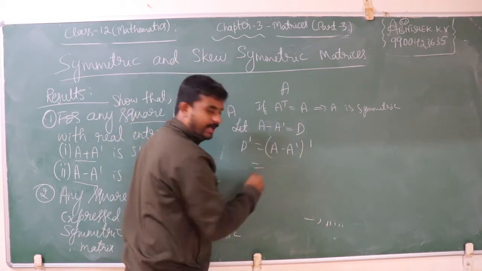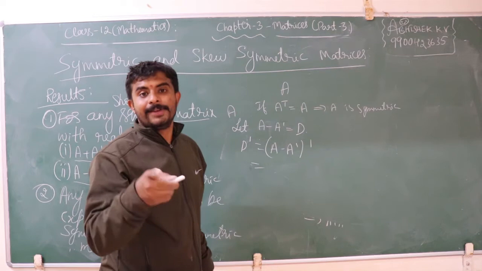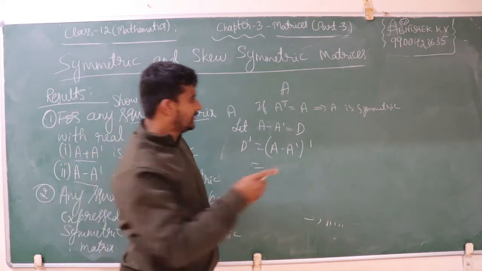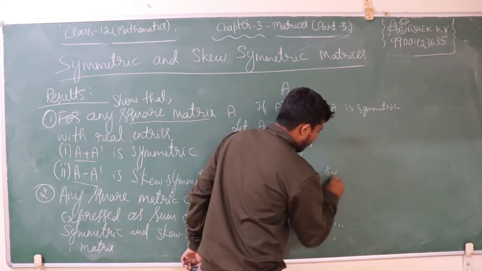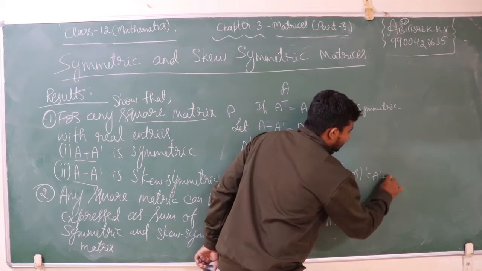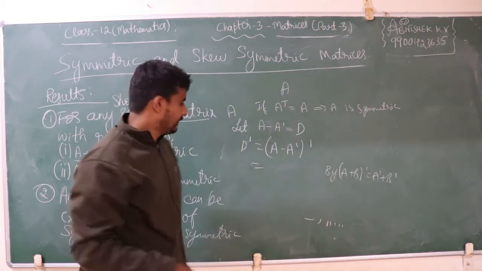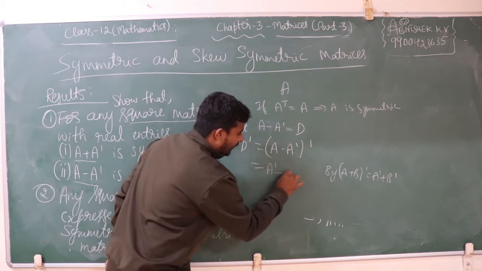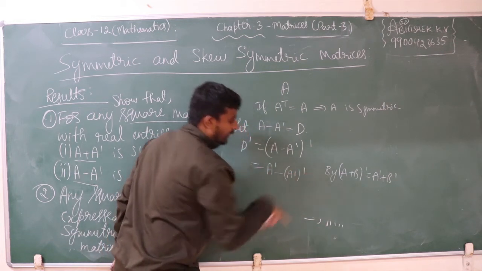Again by the third property of transpose of a matrix, A plus B whole transpose is equal to A transpose plus B transpose. Therefore, A minus A transpose whole transpose can be written as A transpose minus A transpose whole transpose.